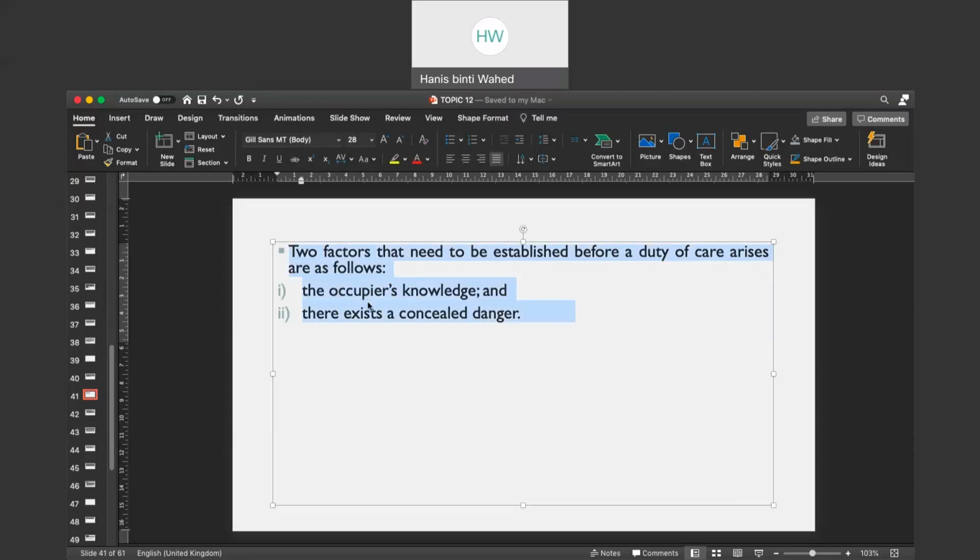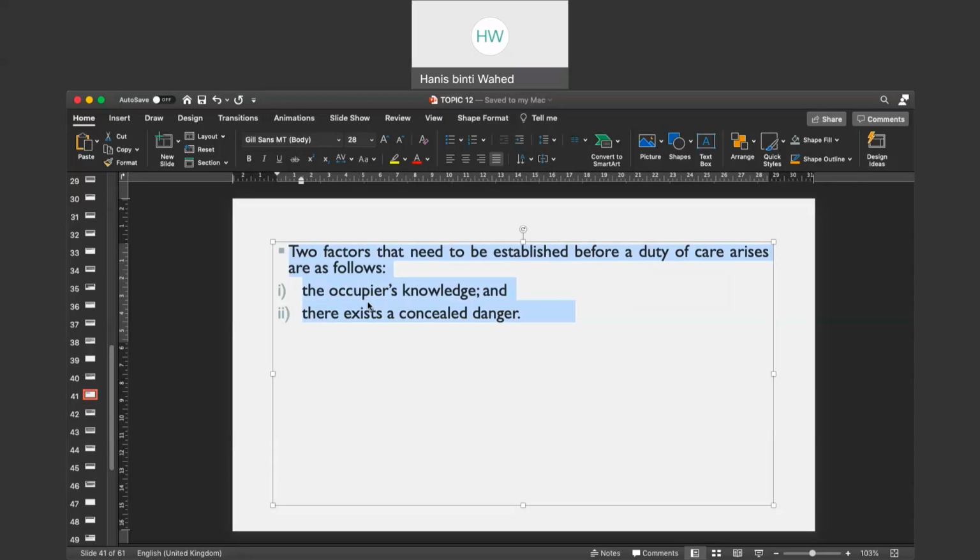Dan term ought to have known ni adalah jika kita letak other reasonable man, who is put in the same situation as the occupier, whether they will have known of the existence of the danger ataupun tidak. Okay, so here it means that the occupier ought to have known of the existence of the danger. So this is the first point, occupier's knowledge, yeah.